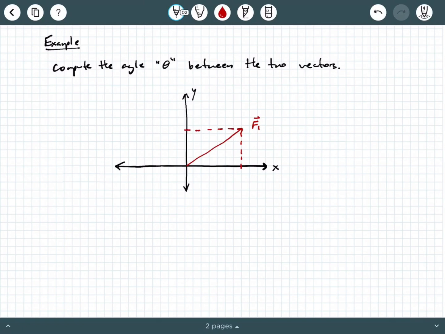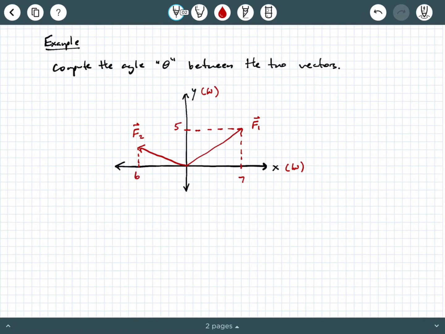If we look at vector f1, this is going to have units of 7 and this is going to have units of 5. Both of these axes carry units of kilonewtons, by the way. These are still force vectors. Then over here, we're going to have vector f sub 2.